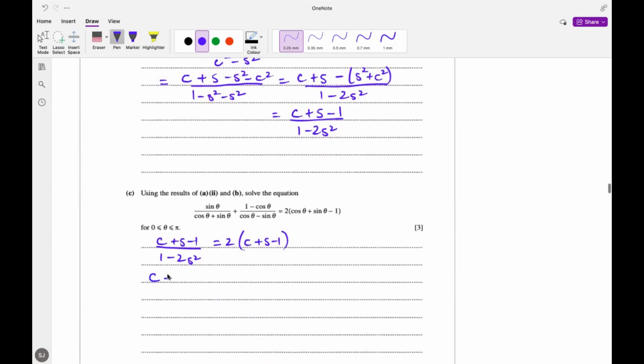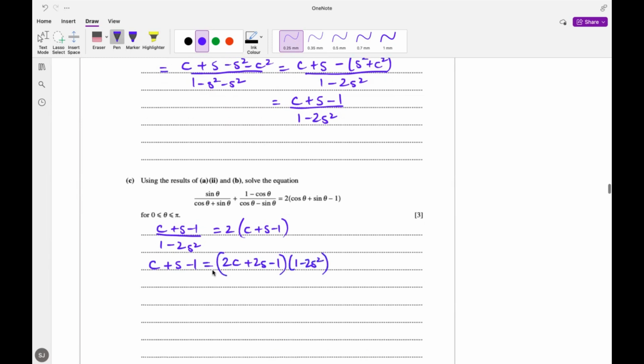So this will become cos plus sine minus 1 equals 2 cos plus 2 sine minus 1, and this is multiplying by 1 minus 2 sine squared.